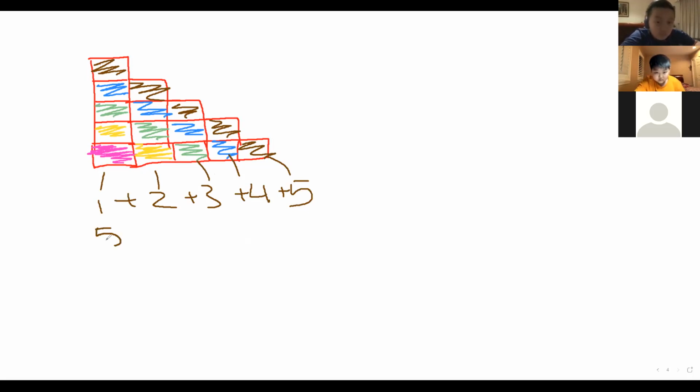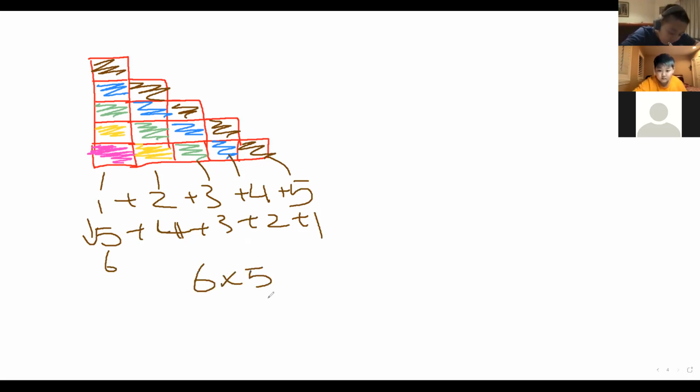I can reverse this order. The sums are 6. There's 5 numbers in total. Divided by 2, 15. This is just a more visual representation of this particular problem.